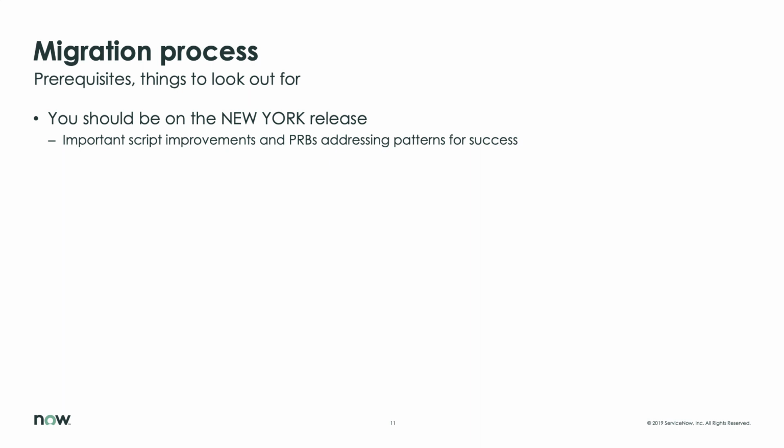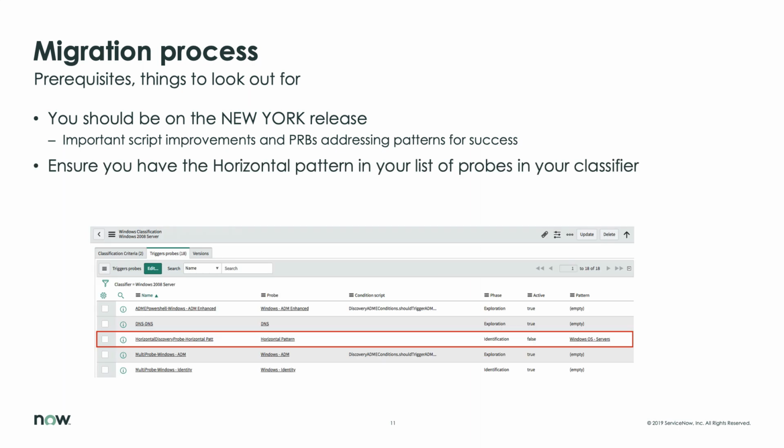You've got to be on New York to be able to execute these scripts and move over to the newer pattern technology. And then you also want to check that you have a horizontal pattern in your different classifiers. Here's Windows 2008 as an example. But the good news is that we have a script that's going to help check all these things out for you and be sure that everything's good to go for the migration.